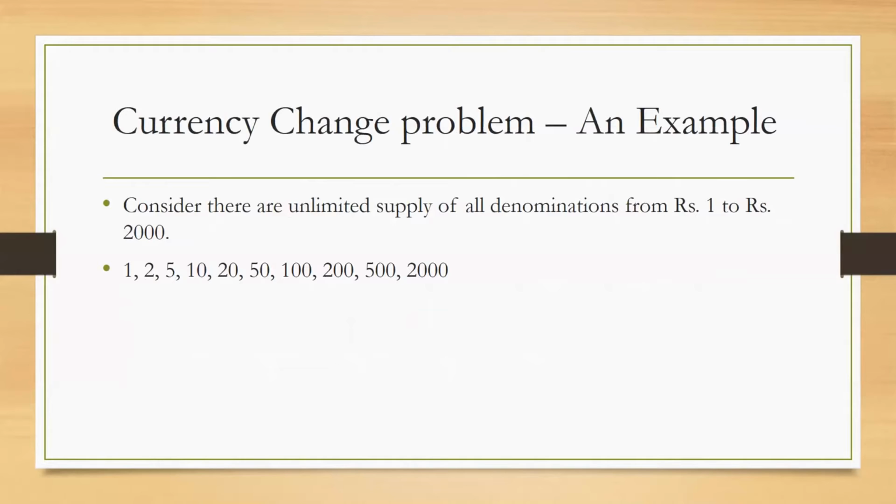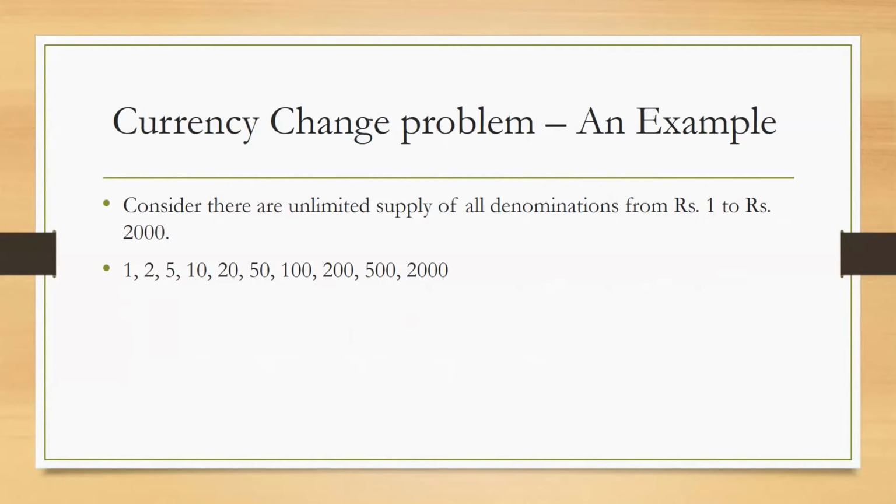Example: consider a currency change problem. Consider there is an unlimited supply of all the denominations from rupees 1 till rupees 2000. You know that in India, we have denominations from 1 rupee till 2000 rupees.